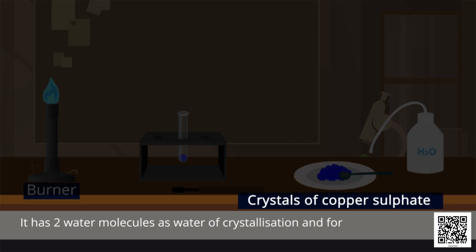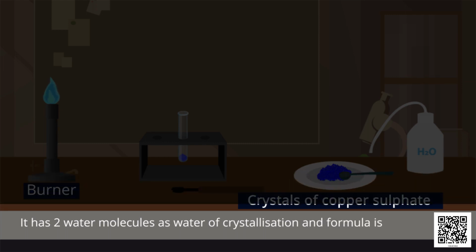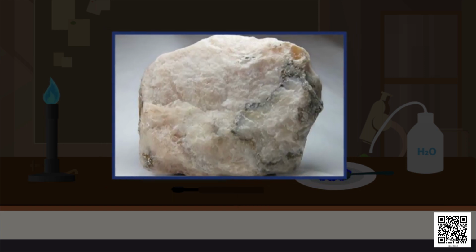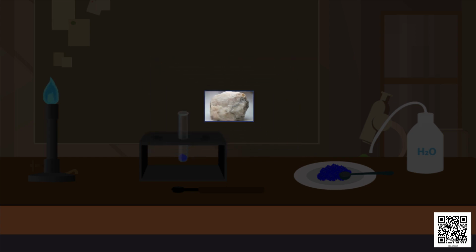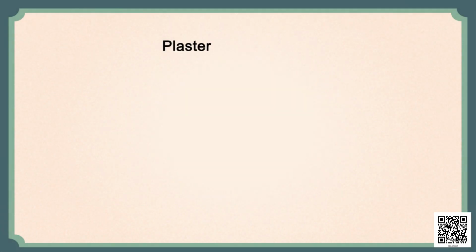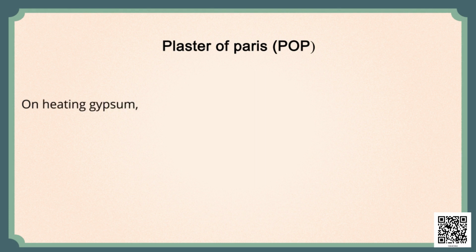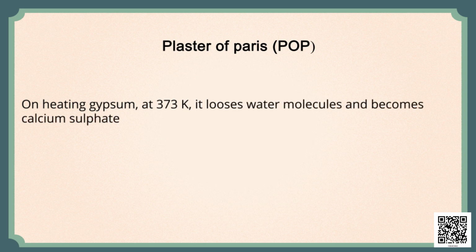It has the formula CaSO4.2H2O. Now we shall study about the preparation of plaster of Paris. On heating gypsum at 373 Kelvin, it loses water molecules and becomes calcium sulfate hemihydrate.